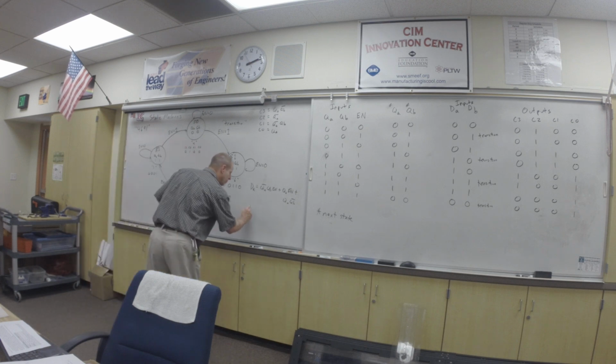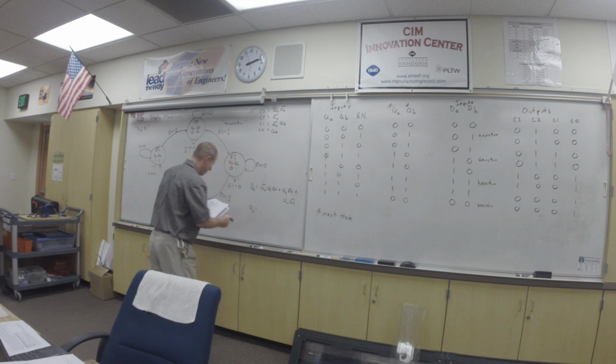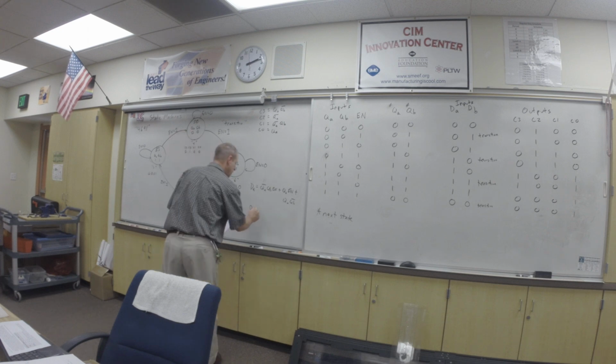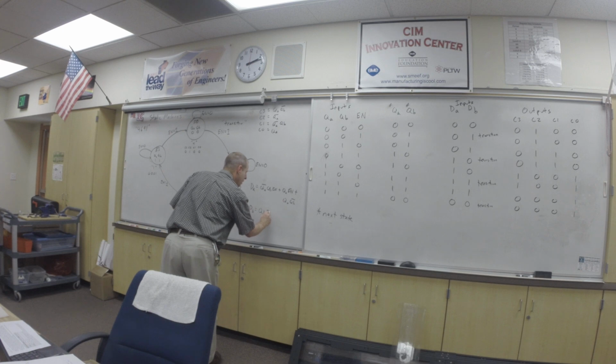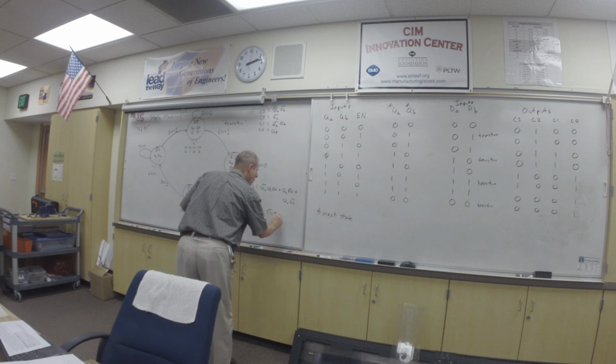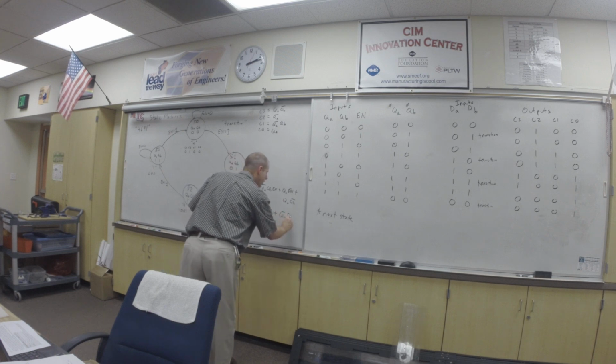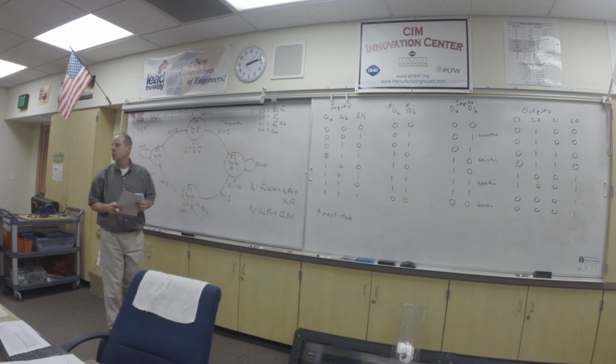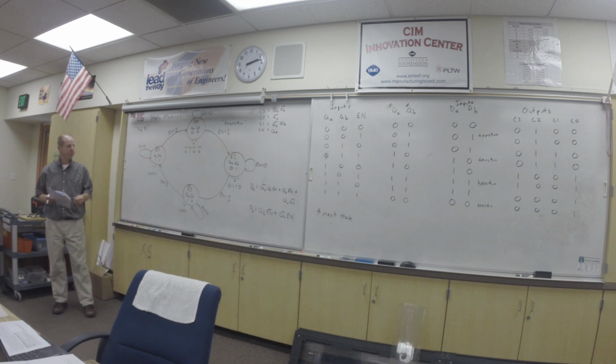What is DB going to be equal to? DB is easy. QB enable not, or QB not enable. And you can use an XOR for that too if you wanted to. A C not or A not C, here's an XOR gate.